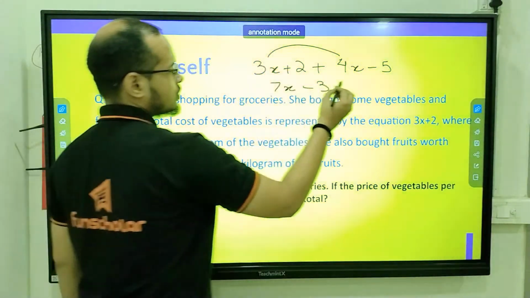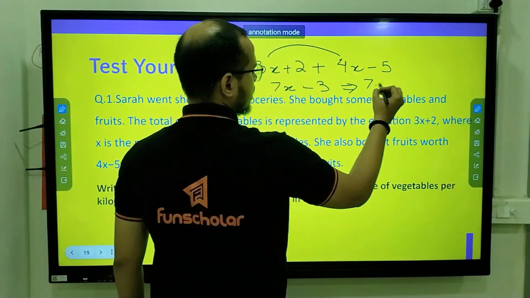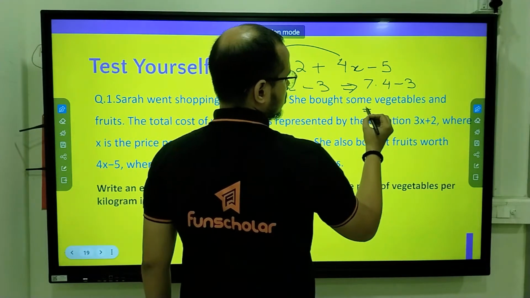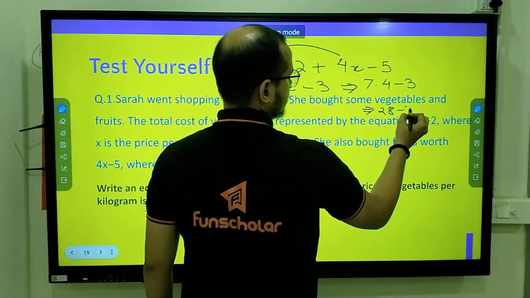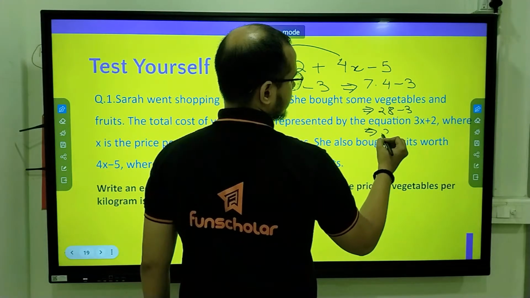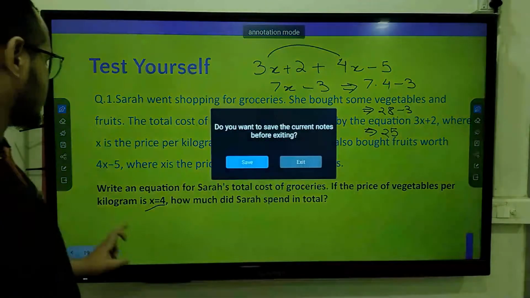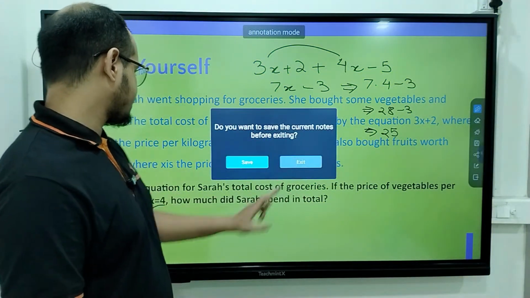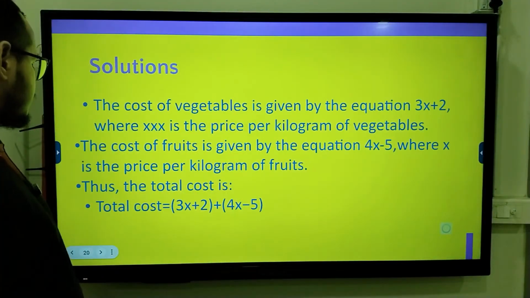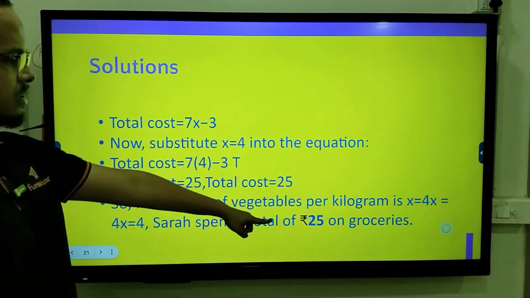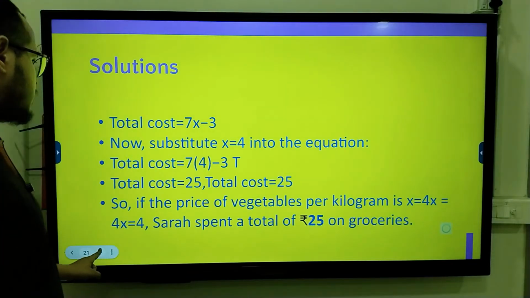So we are substituting 4 here. It becomes 7 into 4 minus 3. 7 fours are 28, so 28 minus 3 is 25. That is the answer: 25 rupees on groceries.